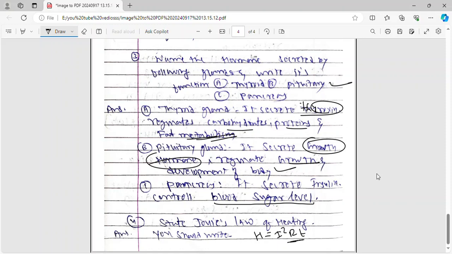I repeat this: heat energy produced in a conductor is directly proportional to the square of current for given resistance and time, directly proportional to resistance for given current and time, and directly proportional to the time for which current is passed for given current and resistance.